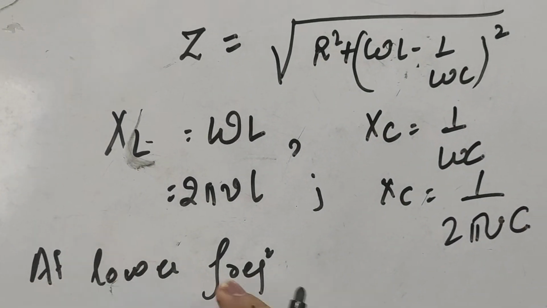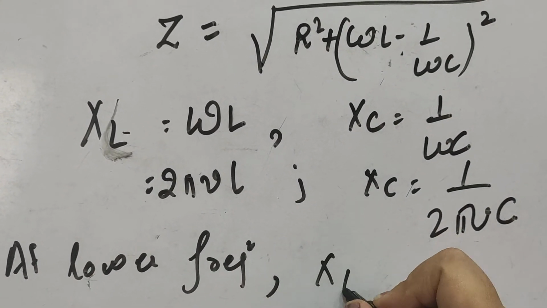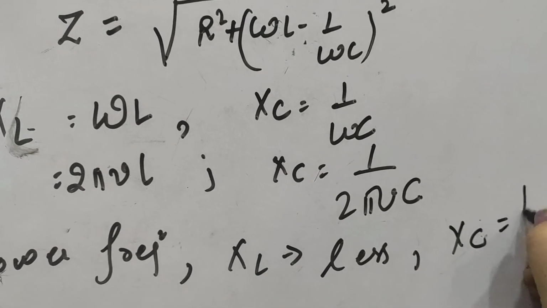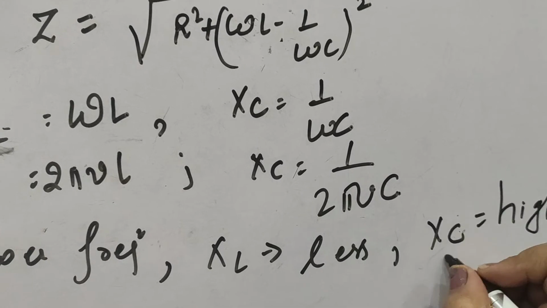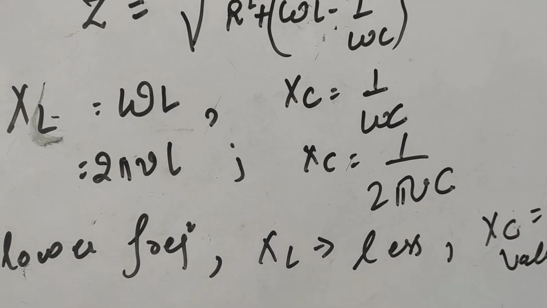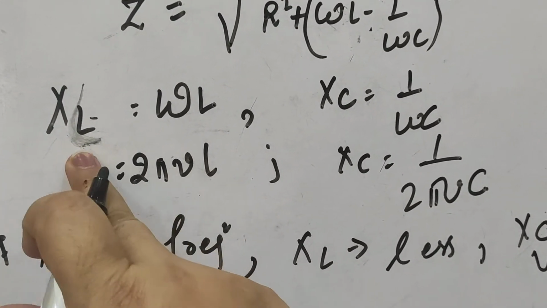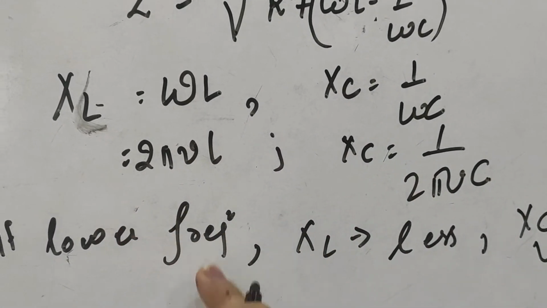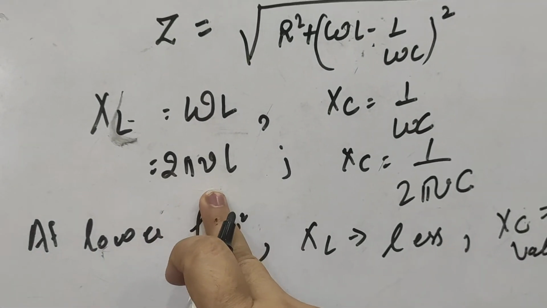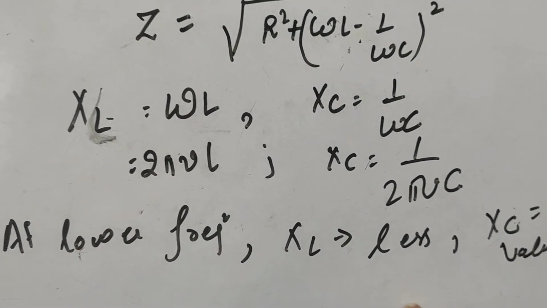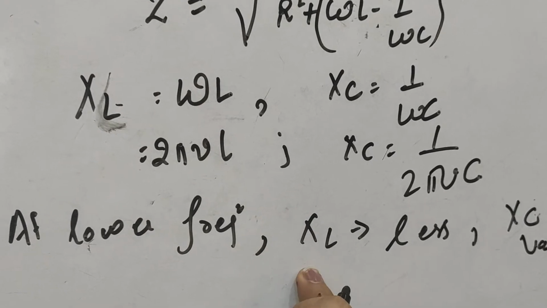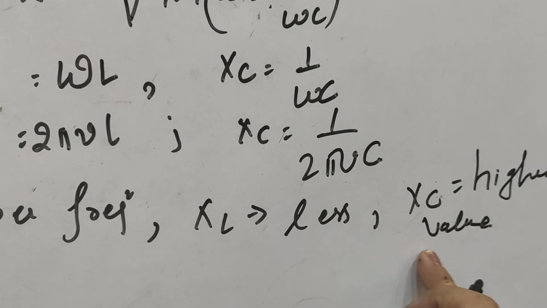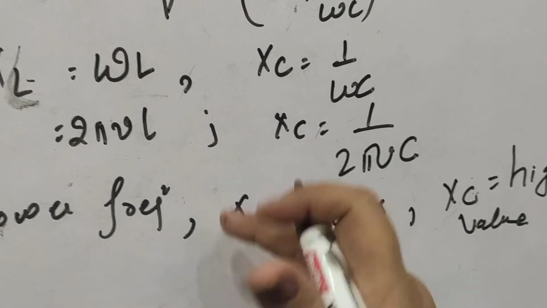So at lower frequencies XL is less while XC has a higher value. Similarly, at higher frequencies XL is higher and XC is lower. It means when we go on increasing the frequency from lower to higher value, the value of XL goes on increasing while the value of XC goes on decreasing.